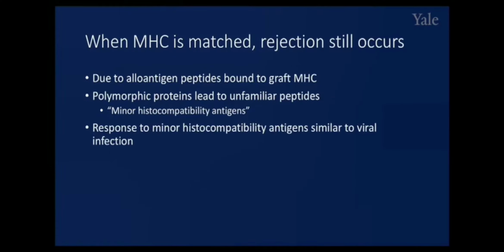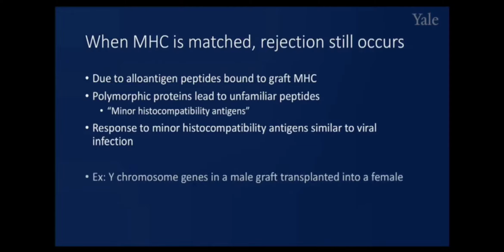And in response to minor histocompatibility antigens, the body mounts an immune response that's very similar to that seen with a viral infection. And one really good example of this type of rejection is with genes on the Y chromosome.